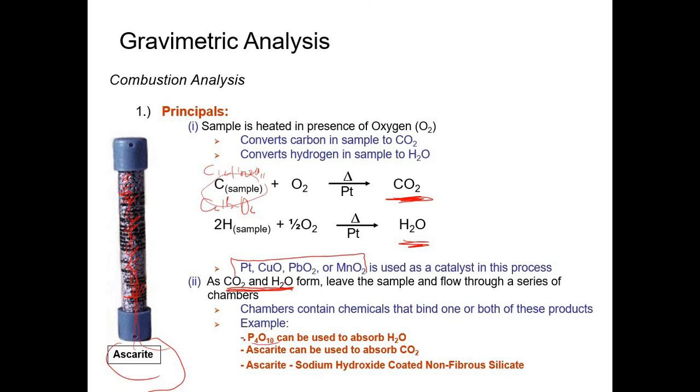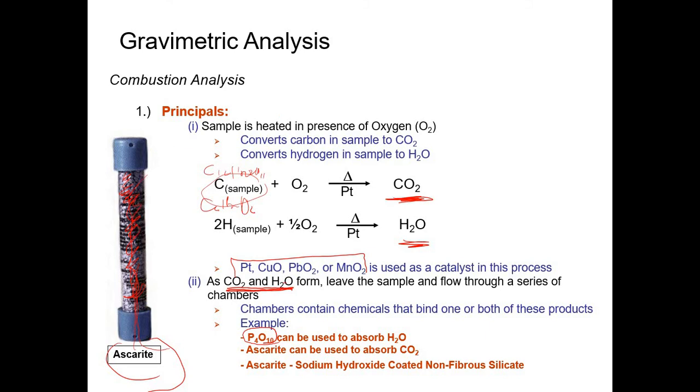They have these compounds. So P4O10, this can absorb H2O. This will absorb water. Ang ascarite can absorb CO2. Yeah, we have also ascarite, sodium hydroxide coated non-fibrosilicate. Okay, so mao na ang components sa kini nga chamber.